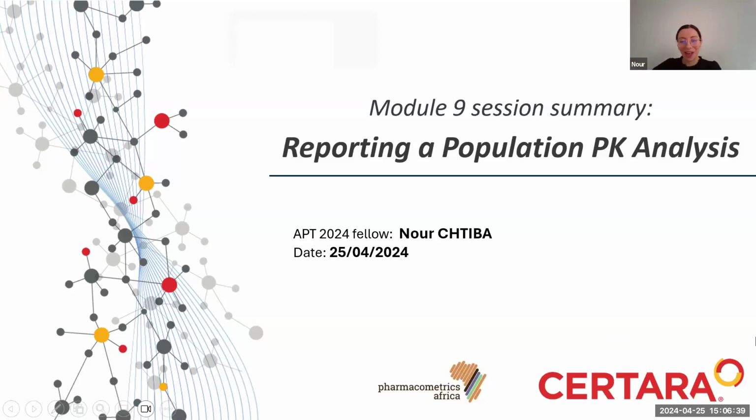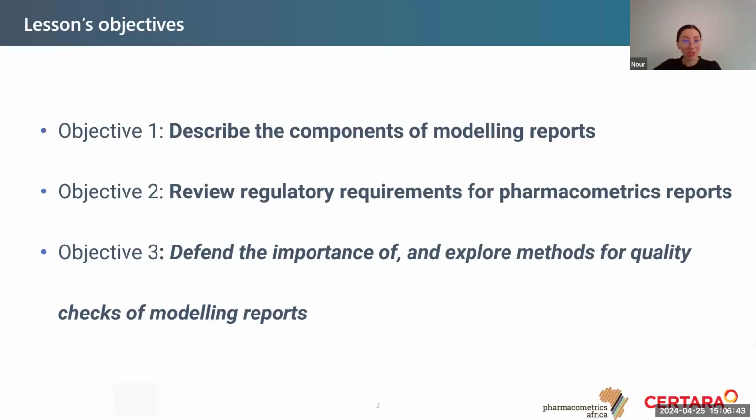Okay. So I based my presentation on the learning objectives of the lesson, which are: describe the components of modeling reports, review the regulatory requirements for pharmacometrics reports, and finally, define the importance of and explore methods for quality checks of modeling reports.